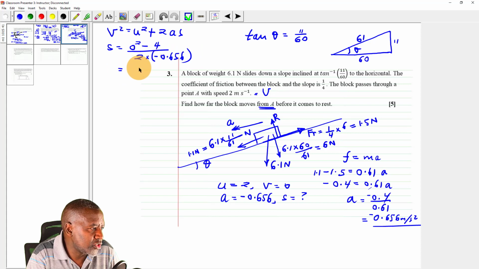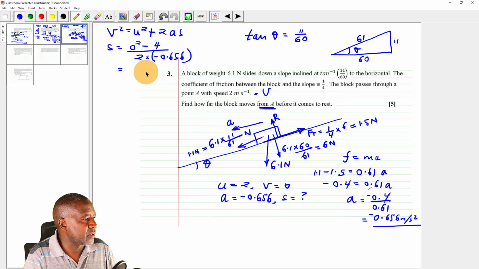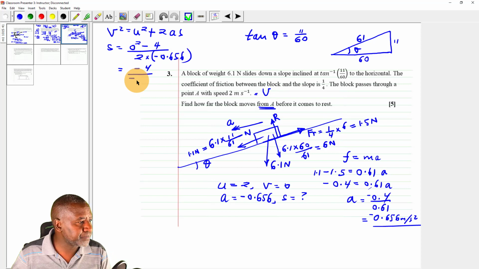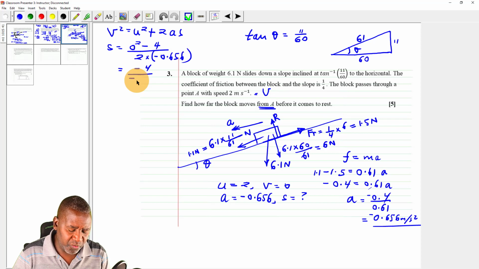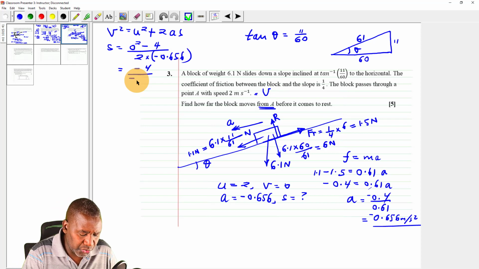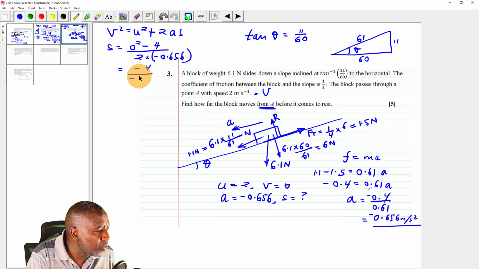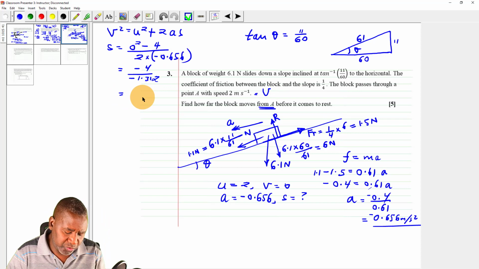So it's going to be minus 4 over minus, let me see that, 0.656 times 2 will give me 1.312, and this one will give me a positive value.